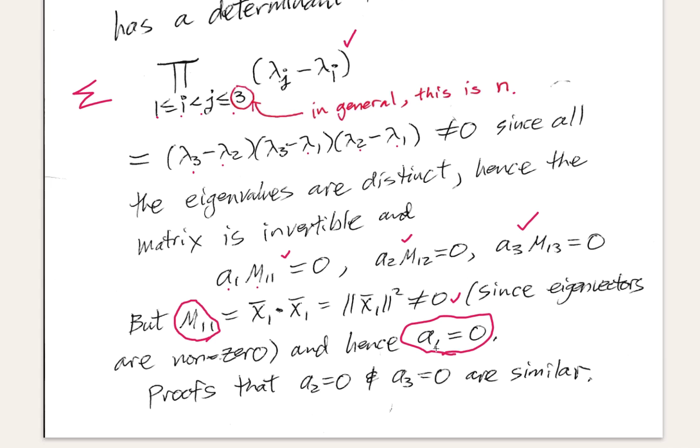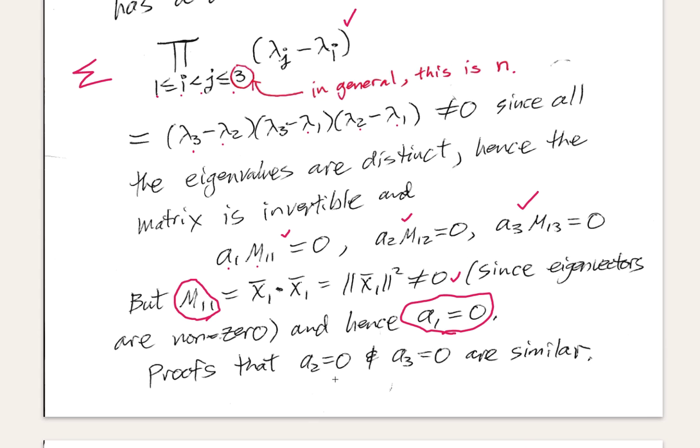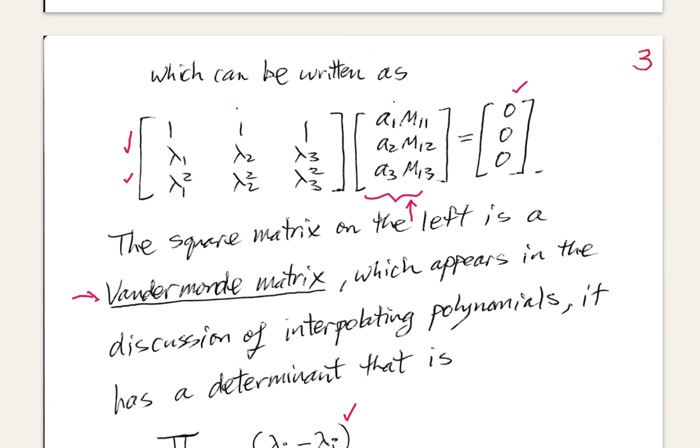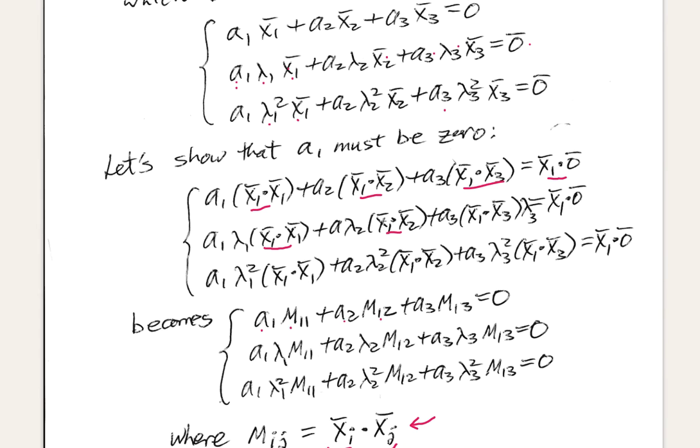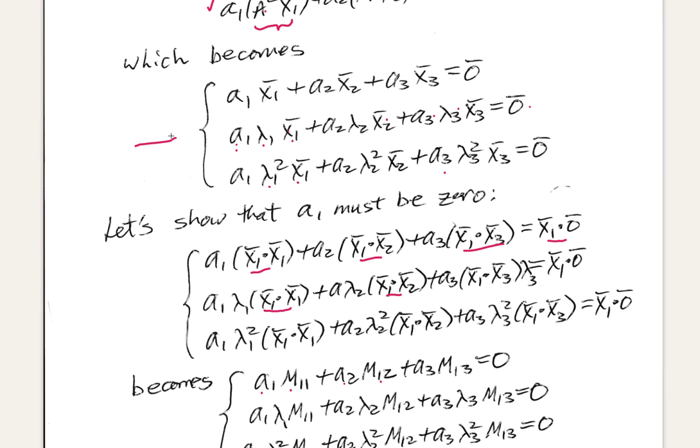Now, you could employ a similar technique in this case and find out that a sub 2 is 0 and a sub 3 is 0. In order to find a sub 2 is 0, you would come back up here and do the same type of thing, only you would dot on the left on both sides of all three equations by x sub 2.